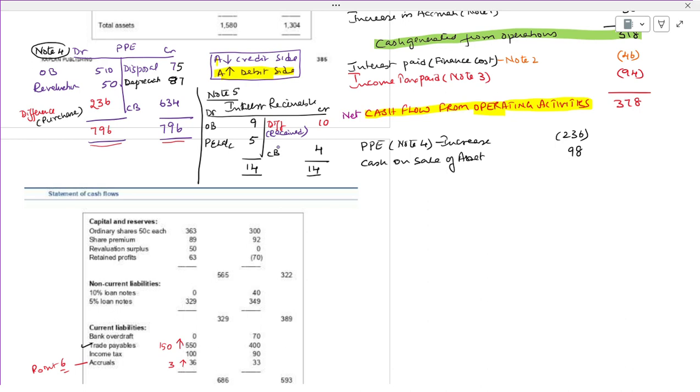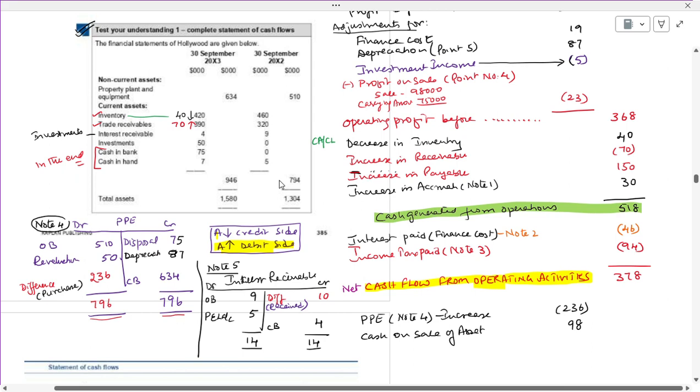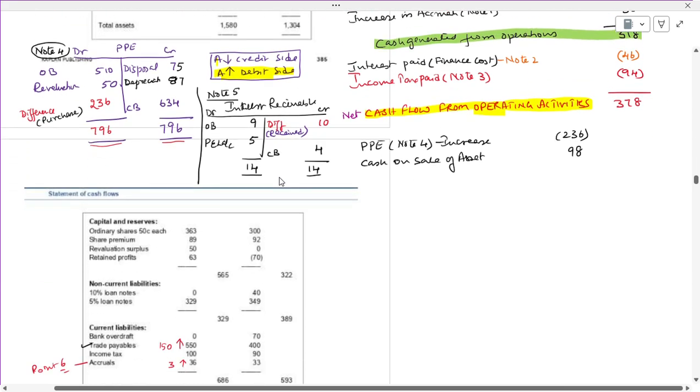Means in the beginning we will deduct the income, but in investing activities, is it right? In investing activities, we will add interest on investments. Interest receivables, Note 5.